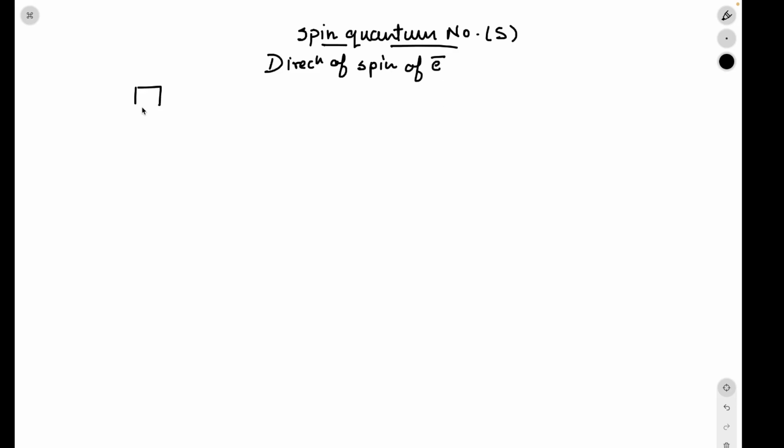An orbital can hold a maximum of 2 electrons, and these 2 electrons must have opposite spin. One is +1/2 and the second is -1/2. Or we can say that one can be clockwise and the other anti-clockwise.